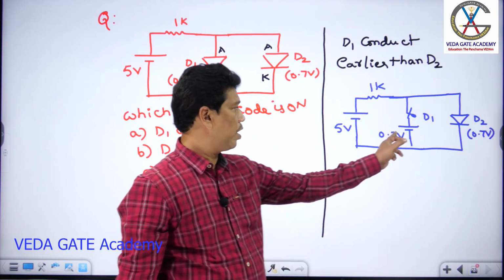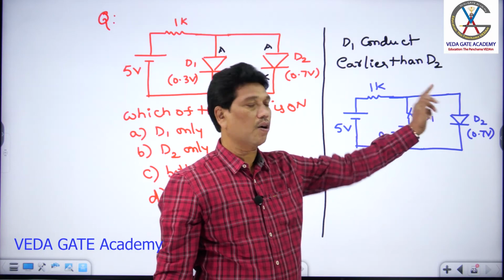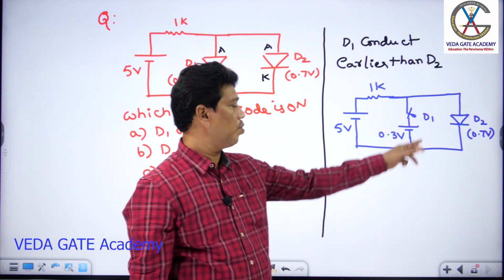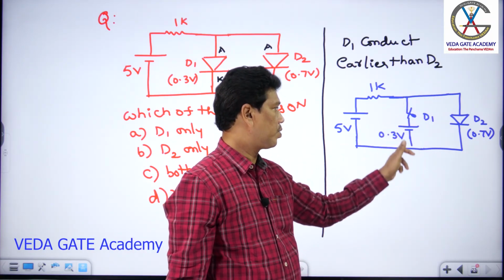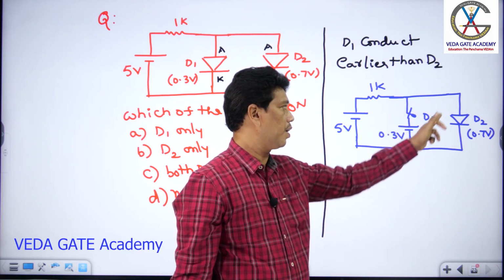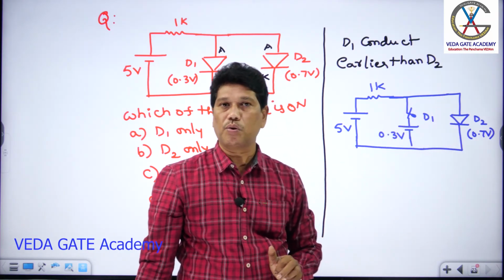Observe now that D1 and D2 are in parallel. According to the parallel circuit condition, the voltage across each is the same. Already this path has a voltage of 0.3, so the maximum voltage across D2 becomes 0.3 volt only.